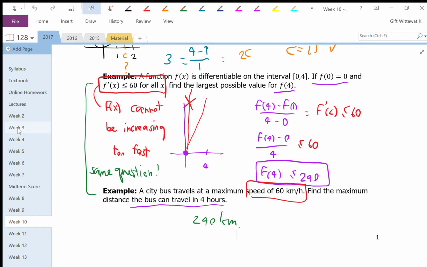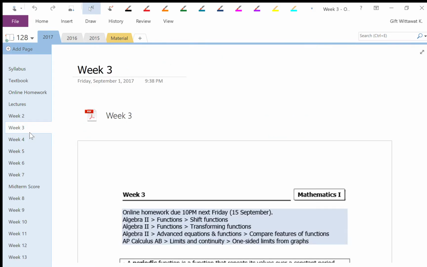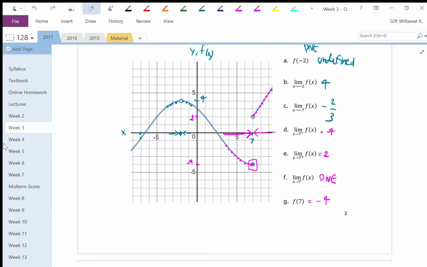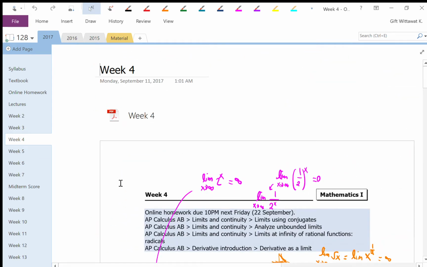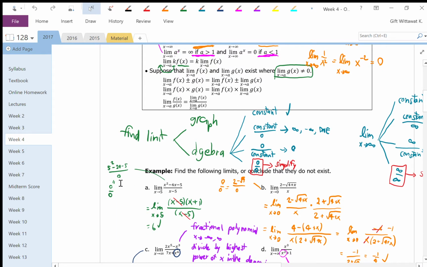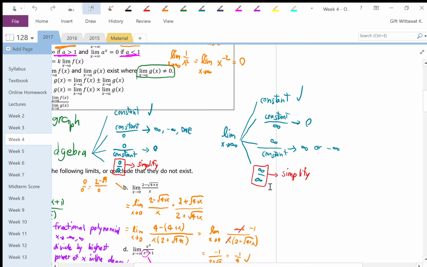Remember some time ago, at the beginning of the semester, we were doing something about finding the limit. Typically the troublesome case when we try to find the limit is when we have 0 over 0 and infinity over infinity.